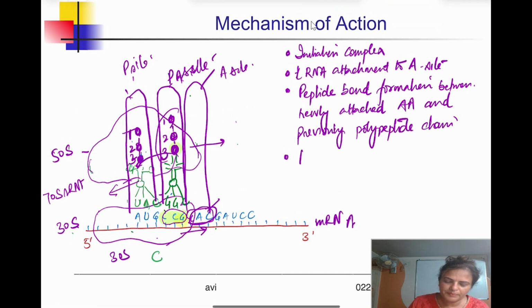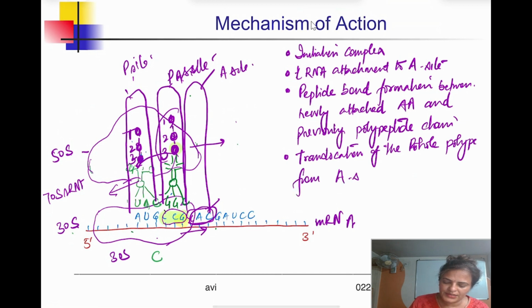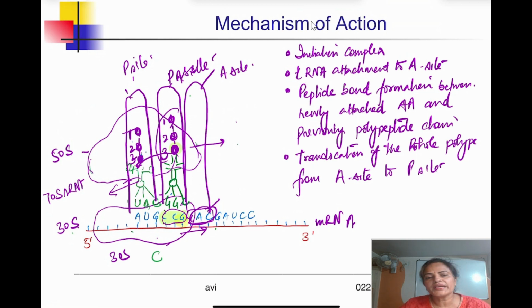Then the fourth step is that the whole thing is shifted from the acceptor site to the peptidyl site. That is translocation of this whole polypeptide chain from A site to P site, and the A site is again free and ready to accept the next transfer RNA. So these are the steps of protein synthesis.